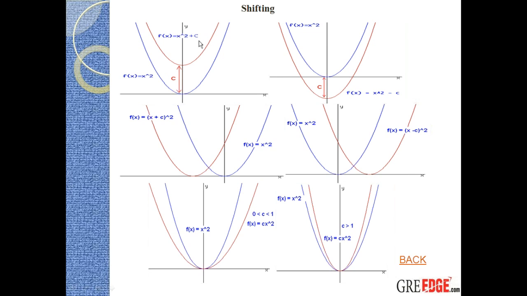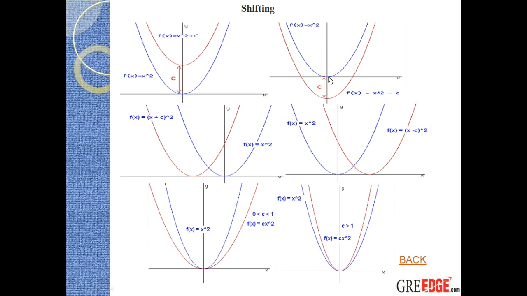Similarly, what happens if the constant is subtracted? Like f of x is x square, this is f of x is equal to x square plus 3. What happens if 3 is subtracted? So f of x is equal to x square is this blue graph. f of x is equal to x square minus c, or x square minus 3, then the graph gets shifted downwards by c units. That is, if it is 3, then it gets shifted down by 3 units.